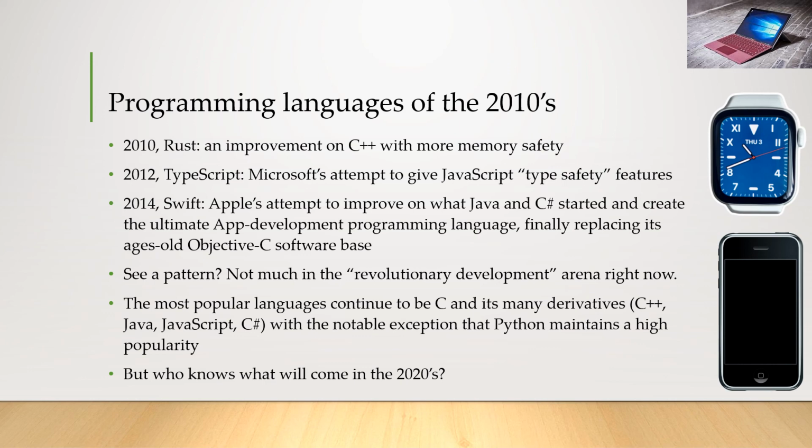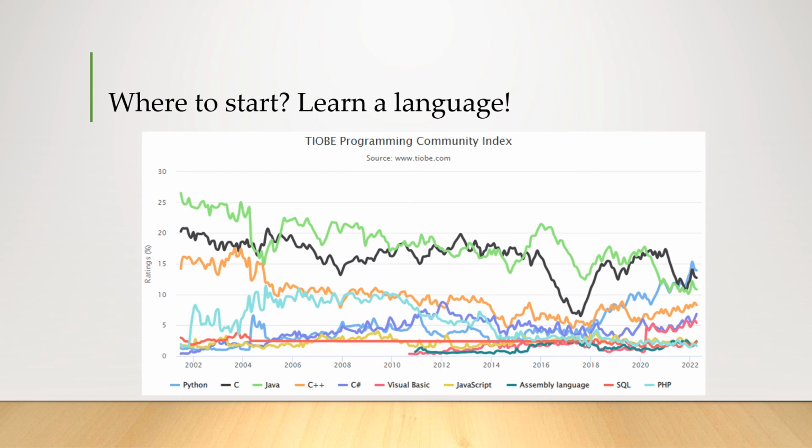The most popular languages continue to be Python and a whole lot of derivatives from C. You can see here on this graph of programming language popularity over time that Java has declined a little bit over the last 20 years.